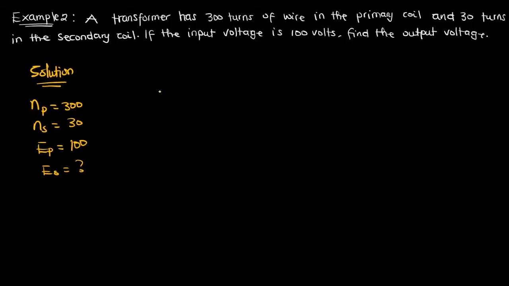Just like we did before, we have our secondary EMF over primary EMF equal to the number of turns in the secondary over the number of turns in the primary. Let me make ES the subject. I'll first cross multiply. So ES multiplied by NP is equal to EP multiplied by NS. We want to find ES, so I divide both sides by NP.